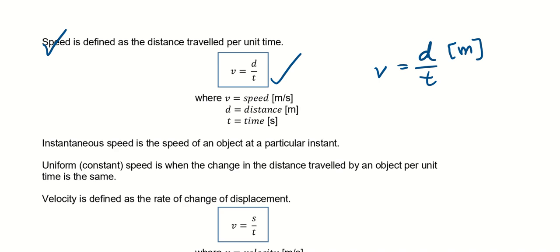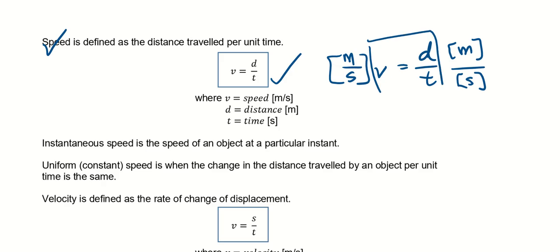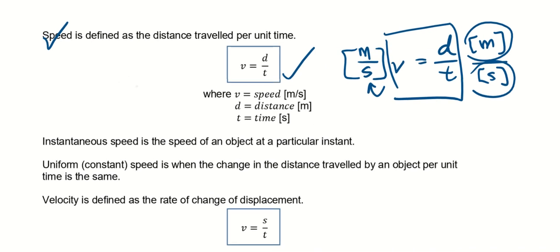What's the SI unit for time? Seconds. That will therefore make speed have a unit of meter per second. So if we follow the formula and we know their corresponding units, we will know the unit of speed or velocity. Simple. This is the definition that you need to memorize.